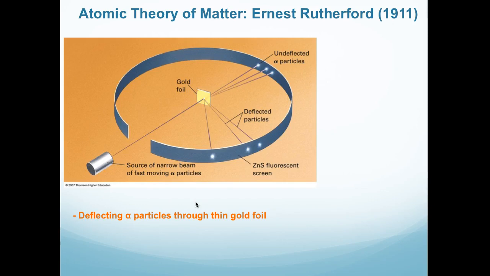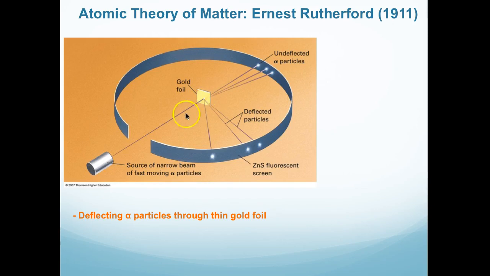He took the alpha particles that we just learned about, a beam of alpha particles, and shot it at a piece of gold foil. What he expected is that, if these plus and minus charges in the atom are evenly dispersed throughout, the alpha particles should just go right through.